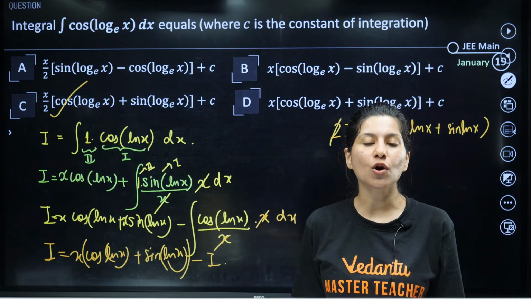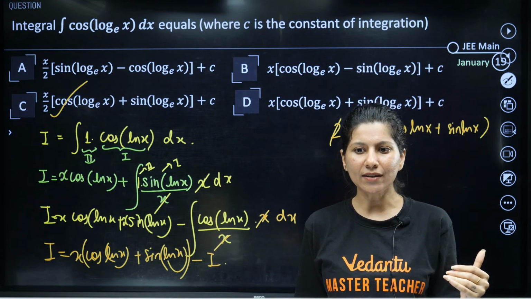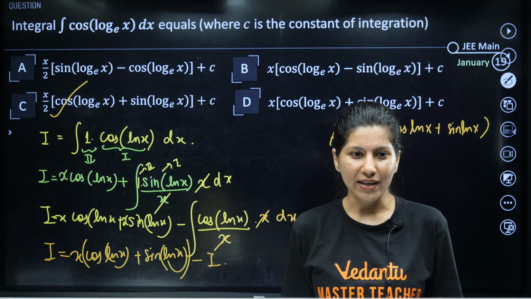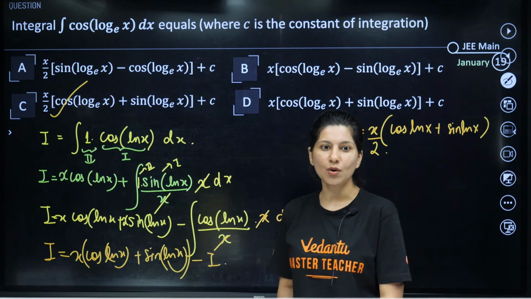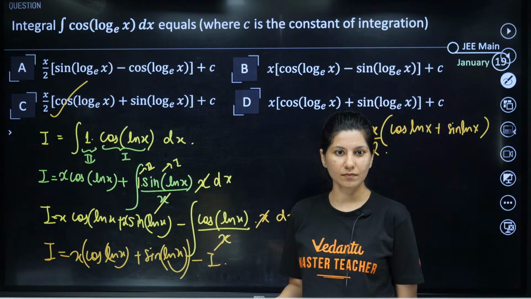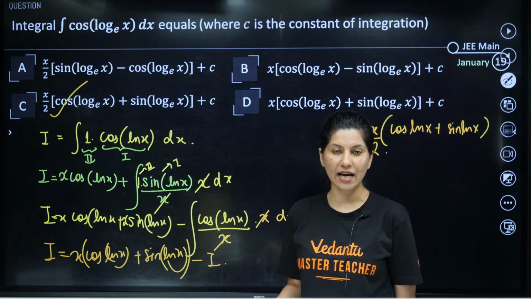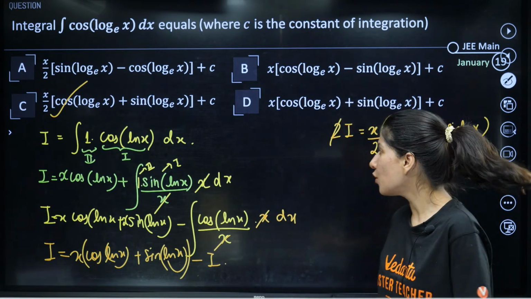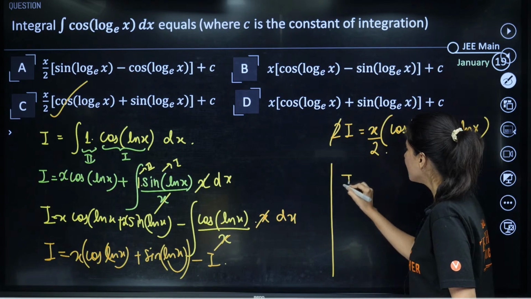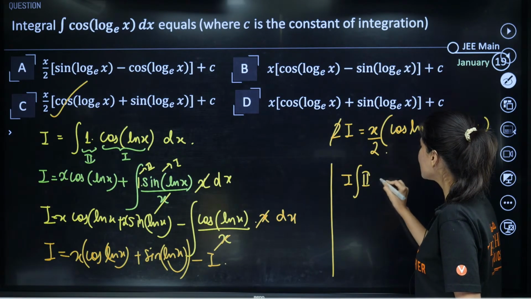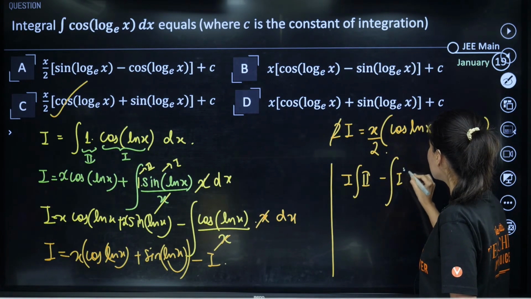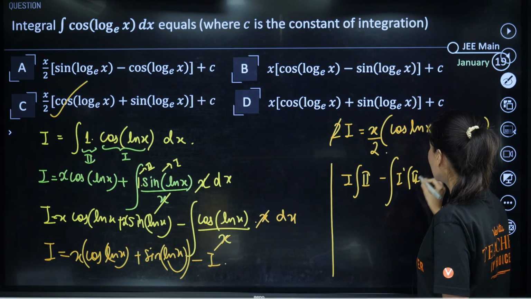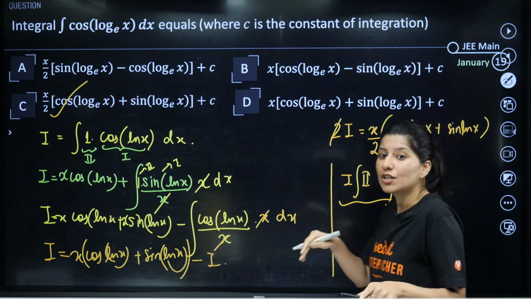Now cos of log x, although this is a trigonometric function, apply your brains. Understand the formula of by parts: first function constant, integration of second, minus integration of derivative of first times integration of second.